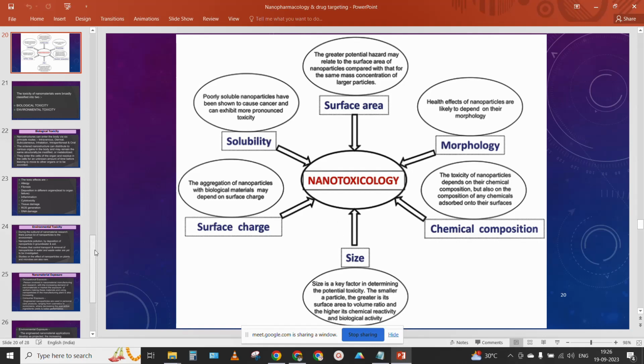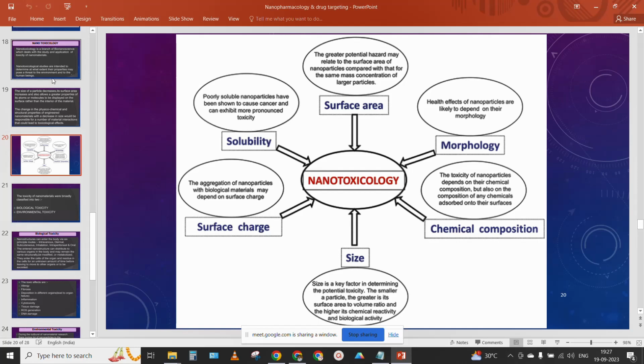It's visible. Okay. So if the morphology or surface area, chemical composition is not that much upgraded to the targeted cells, it may cause the toxicity of any nanoparticle, of any drug or of any API, active pharmaceutical ingredient. It can lead to the toxicity.